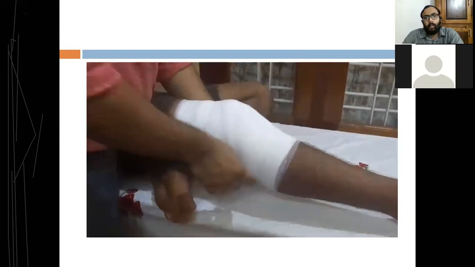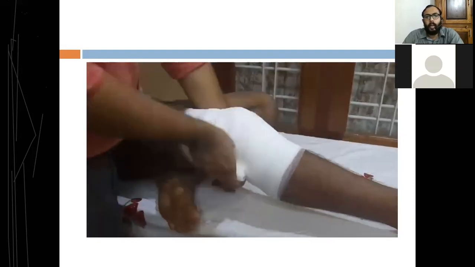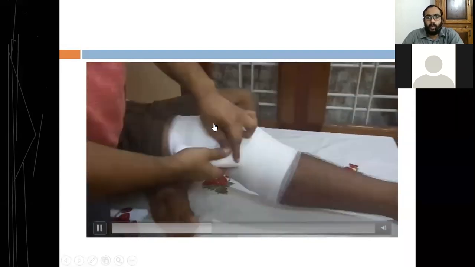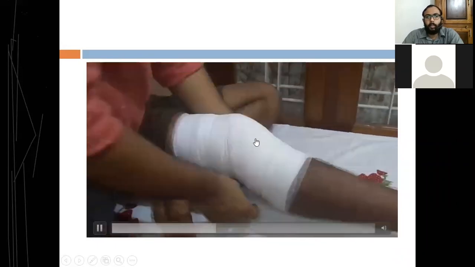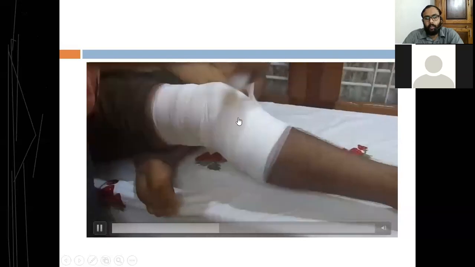In this particular knee bandage, I am giving a twist over the medial, lateral, inferior and superior aspect of patella. This is the inferior twist. Here you can see.